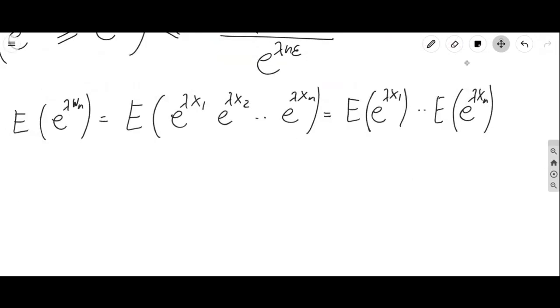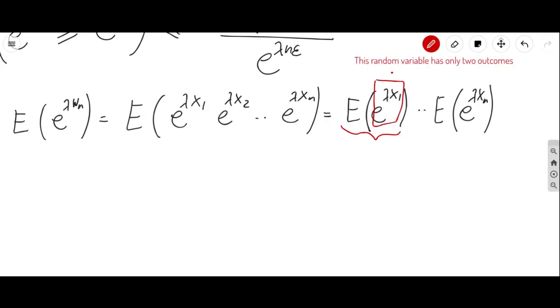And now we're going to compute these. So let's calculate what this is. We're trying to find the expectation of this random variable. It has only two outcomes, because X has only two outcomes, plus or minus 1.